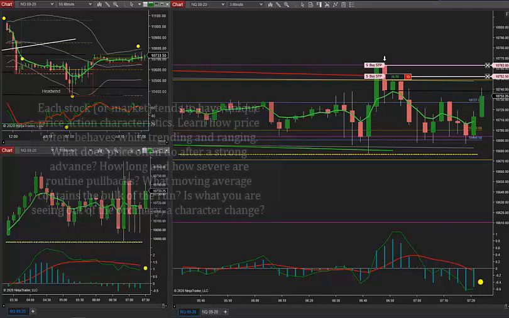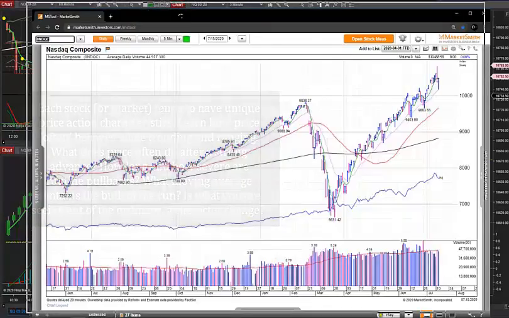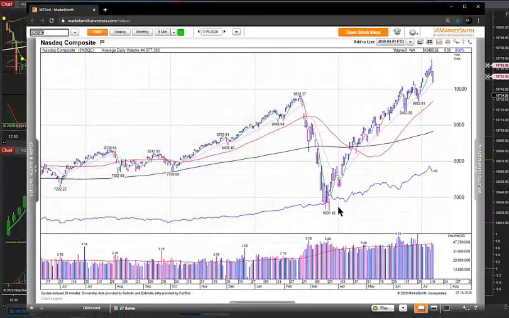The 12th and final question I ask myself is: is there a strong trend in place, and is what I'm seeing a change in character? This applies to stocks, the market, futures, whatever. This is a great example. Here we have this NASDAQ.